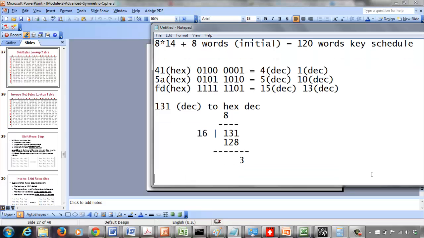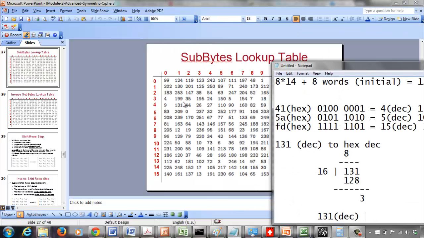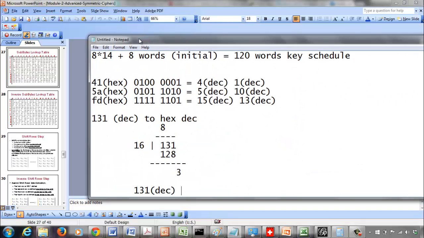So I can basically say that 131 in decimal is 83 in hexadecimal.